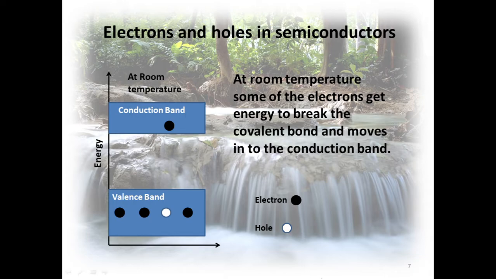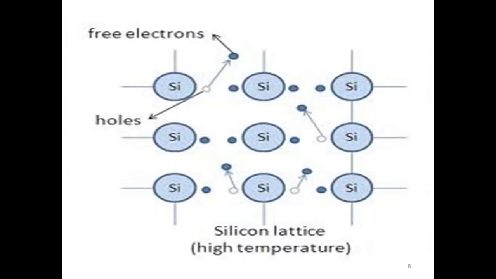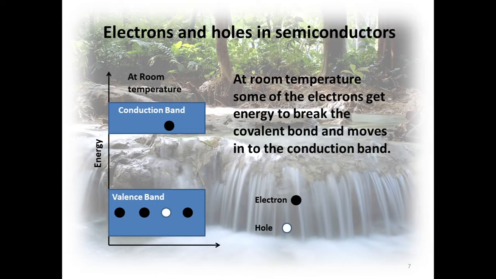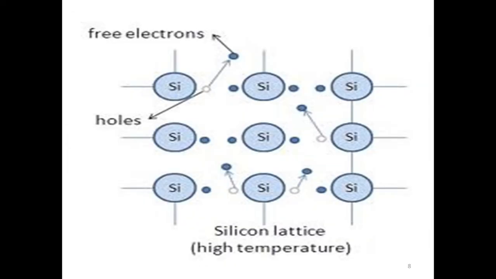The white dots are the holes in the valence band, whereas the black dots are the electrons. So one electron from the valence band has gone to the conduction band, generating a hole in the valence band. Holes are not particles as such; a hole is nothing but a deficiency of electrons.